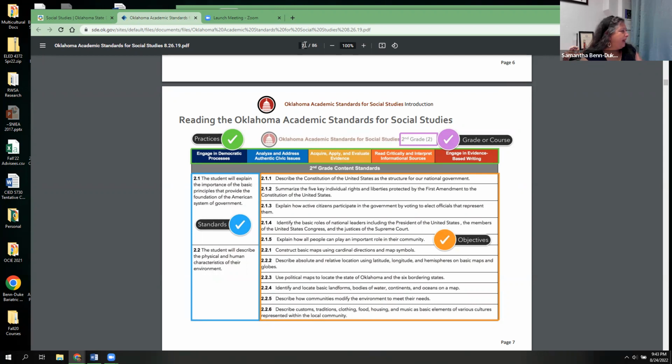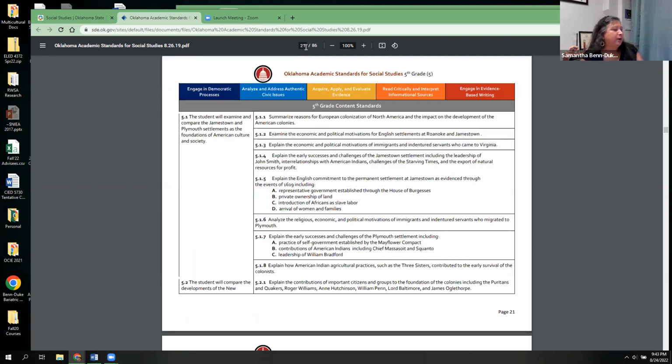Now we're going to jump back to the 5th grade standards to page 21. And we see our standards over here. The first one has to do with the settlements, Jamestown and Plymouth, as foundations of early American culture. And then we see within that what are referred to as the objectives, I refer to as the content standards.